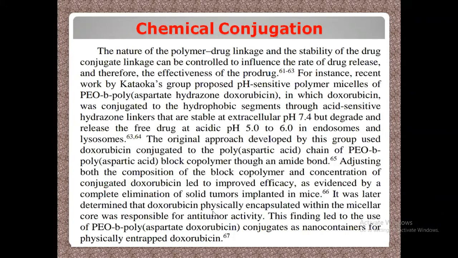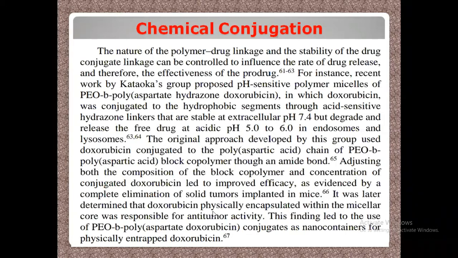For example, recent work by Kataoka's group proposed pH sensitive polymer micelles of PEO-b-poly, that is polyethylene oxide-b-poly aspartate hydrazone doxorubicin. That is a polymerization of aspartate hydrazone doxorubicin attached with PEO.